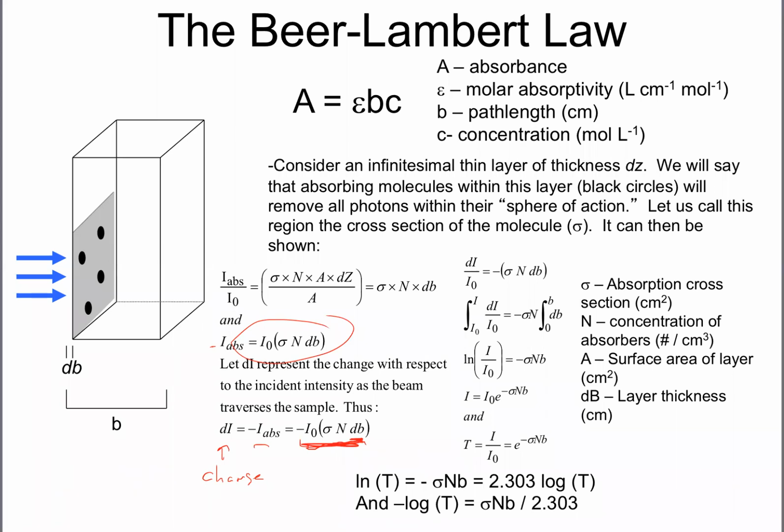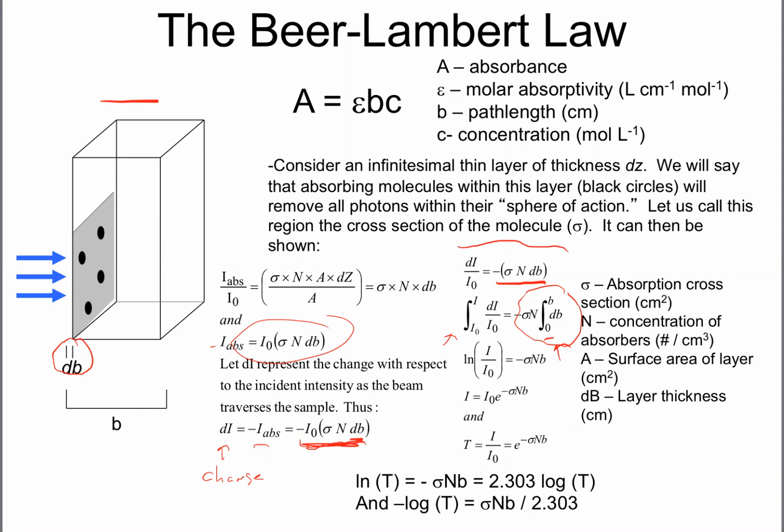Then I'm going to take that change term dI divided by I, which equals negative sigma n dB. I'm going to integrate from I0 to I, and then from 0 to B. Basically I'm adding up all of the layers present in this cuvette. Remember, we've been considering this very thin layer at the entrance to the cuvette.